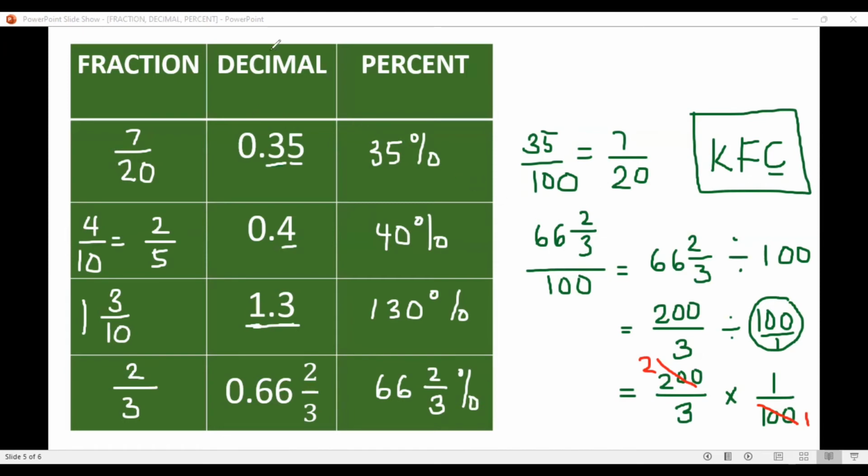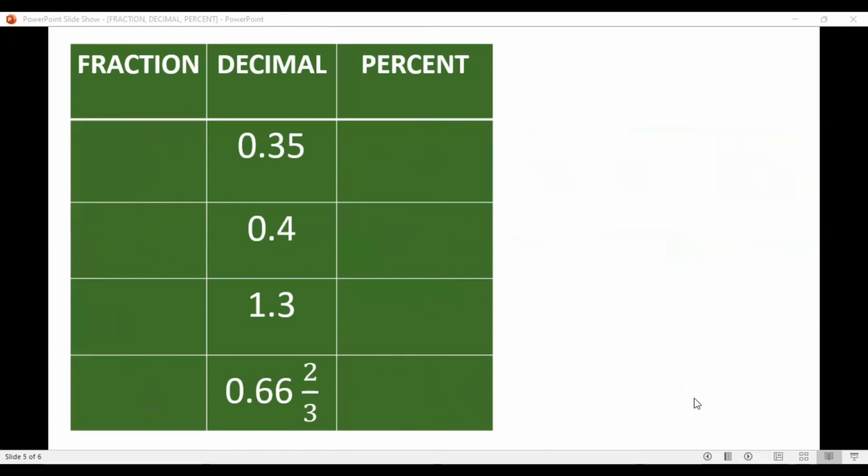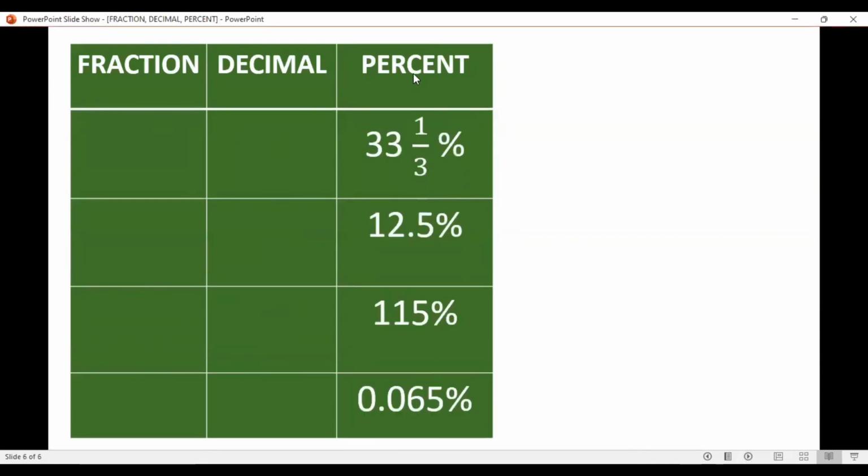Okay, so again, if you're given the decimal, you can have that in fraction by trying to remember the place value, and the percent, of course, simply multiply by 100. Now, the next is if you are given the percent. So let's go to the other slide. You have now percent here, and we are to change this one into the decimal form.